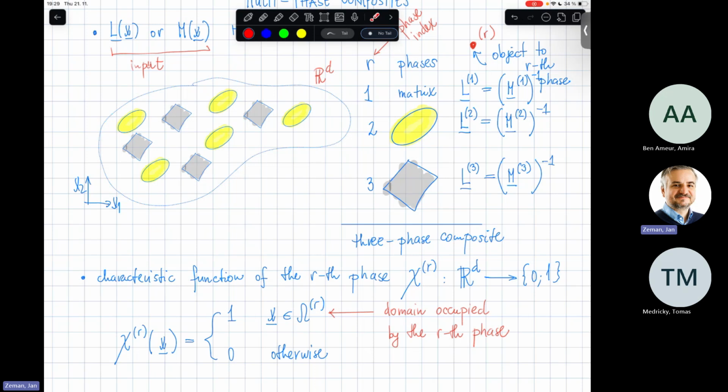If this position is located in this domain, then the function is 1. If I'm unfortunate enough to visit one of these, then this will be 0. If I'm interested in the third phase, for instance, the function will be non-zero only in these domains, which are occupied by this grayish phase, otherwise it is 0. So nothing super complicated, I would say.